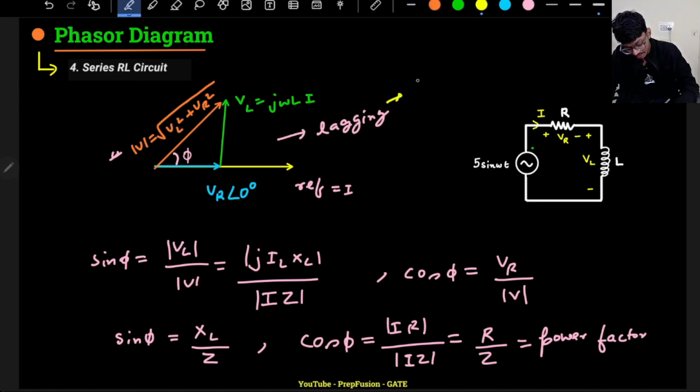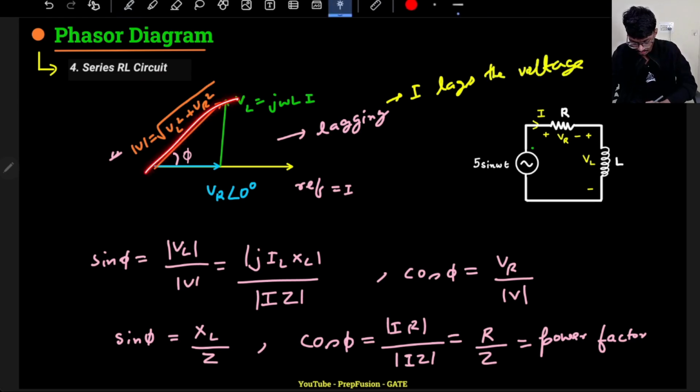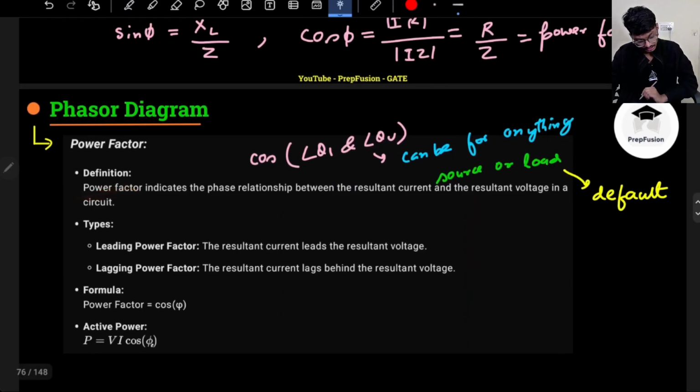Because in this case the current lags the voltage, because it is an inductive circuit. Voltage is here, current is in the clockwise direction, so current lags the voltage. Same thing I have told here, right? So if the resultant current lags behind the resultant voltage, that means it is an example of lagging power factor. I hope it is clear now.